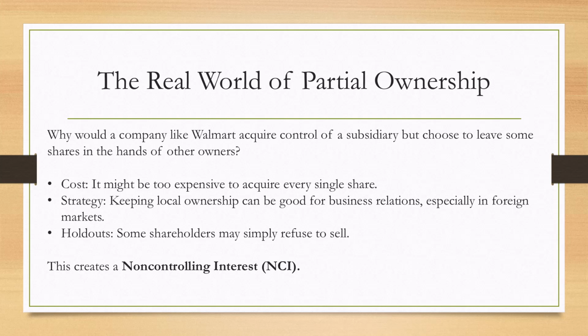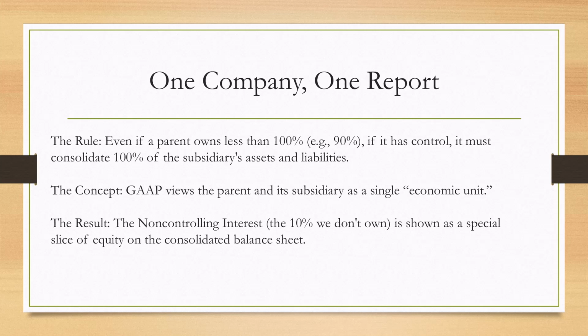This situation, where a parent has control but owns less than 100%, creates what we call a non-controlling interest, or NCI. This leads to a core accounting principle known as the economic unit concept. The rule is simple but powerful.